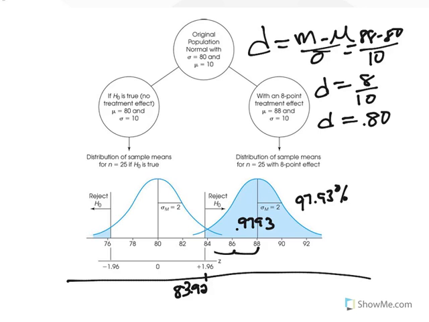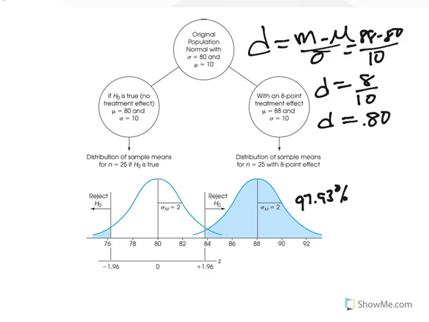So let's think about this for a second. Again, we're talking about and focusing on the movement, right? The change from the untreated to the treated. How far is this distribution going to shift if they receive treatment?